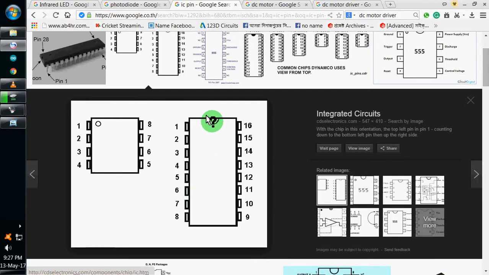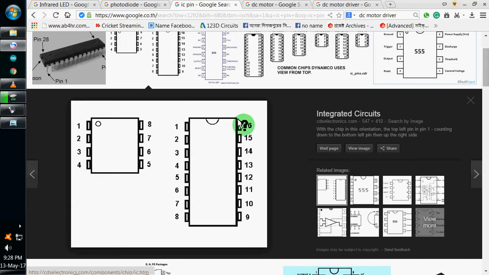After the notch, the left side is pin number 1, and the number of the pin will increase one by one, 1 2 3 4 5 6 7 8, and after that the opposite pin of number 8 is number 9. Then it increases as before, 9 10 11 12 13 14, and the last one is 16.